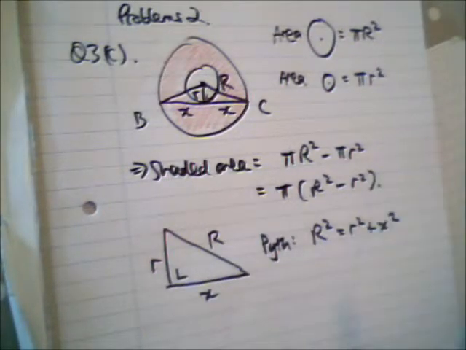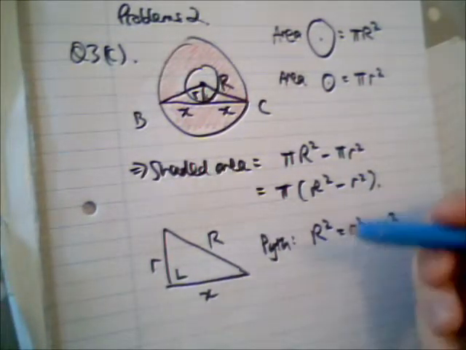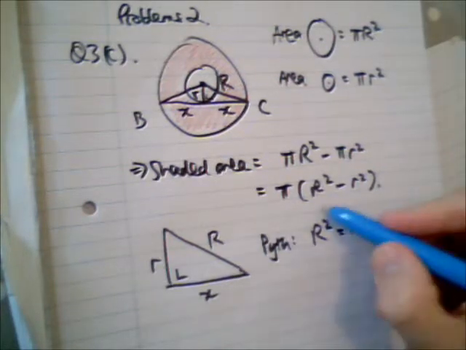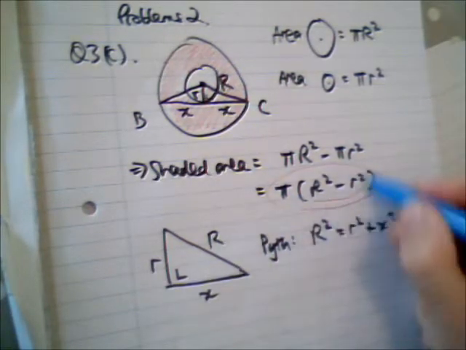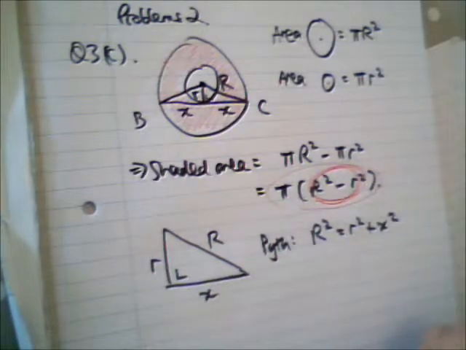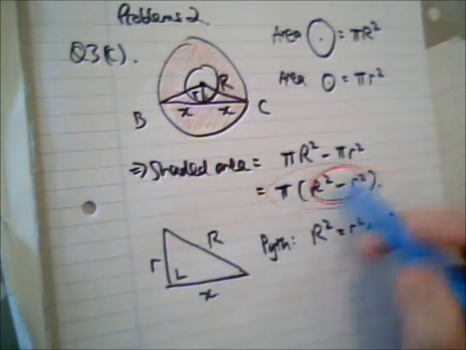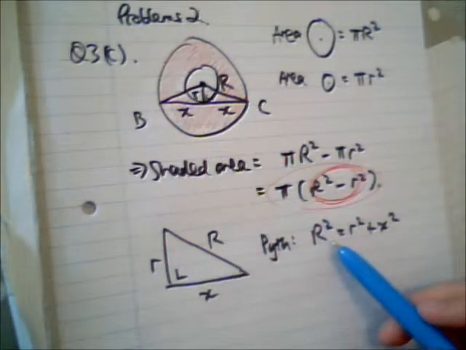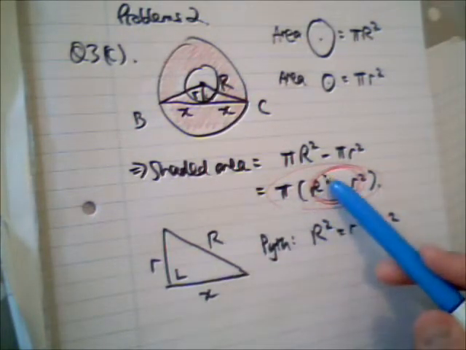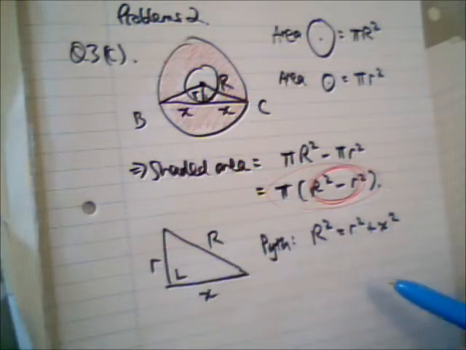Now if you look at what we have for the shaded area, this is what we have up here. We don't want the bit with the r's. Pi is fine because pi is a number. So if we have a look down here, can we manufacture big R squared minus little r squared down here? And we can.